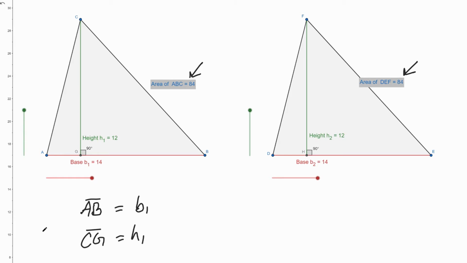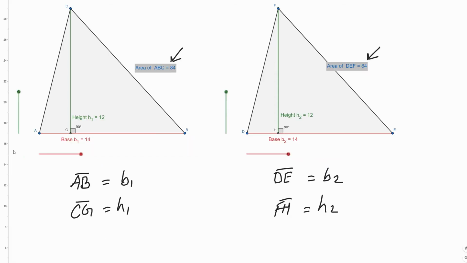Now let's move to the second triangle. Similarly, DE is B2 and FH is H2.